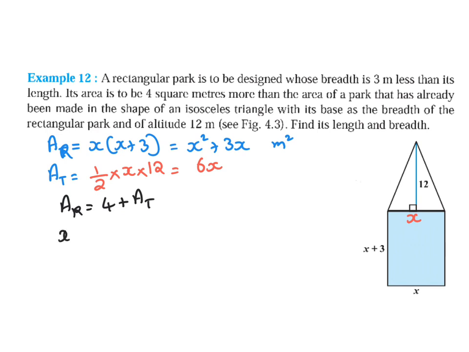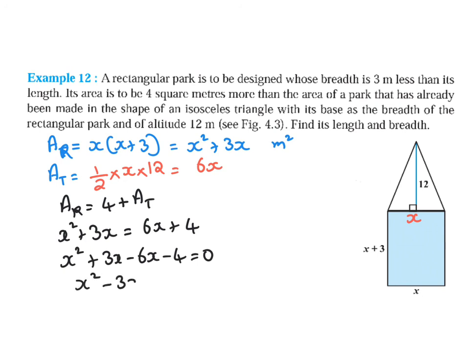So x squared plus 3x is equal to 6x plus 4. And now we can bring everything on one side of the equal sign. We get x squared plus 3x minus 6x minus 4 equal to 0. So our quadratic equation is going to be x squared minus 3x minus 4 equal to 0. We can use the quadratic formula and then find out the value of x. And let us see how we do that.